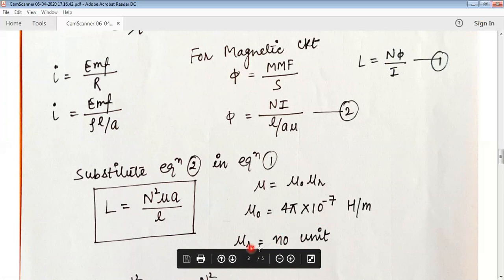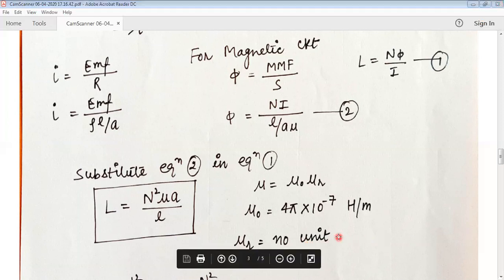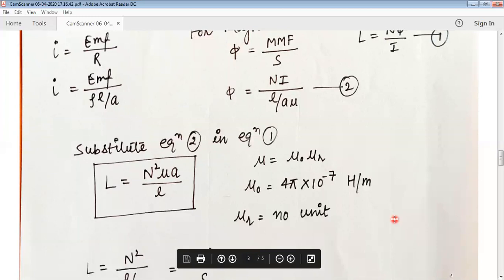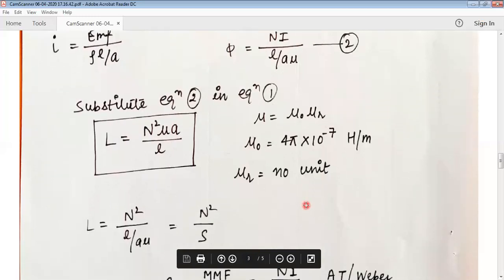And mu R is your relative permeability. For air, the value of relative permeability is 1. For other magnetic materials, it will be some other value. But for air, the relative permeability mu R equals 1. So what is permeability?